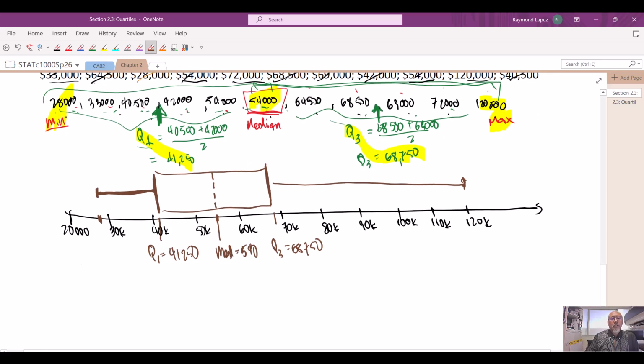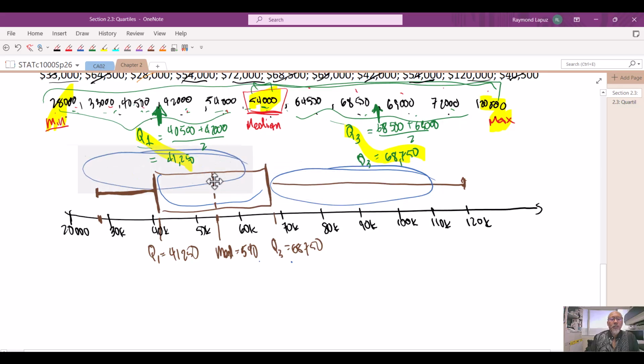Now, what is our IQR? Our IQR is pretty much the length between Q1 and Q3. So it's basically this space over here. And what we want to do is imagine if we take that space and multiply it by 1.5, is there anything that goes beyond that?